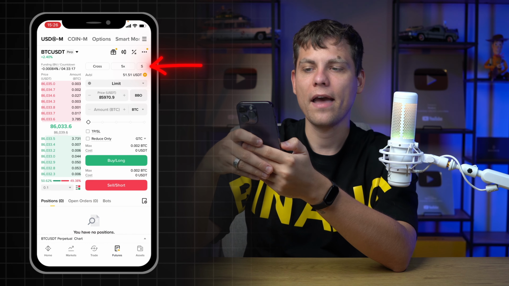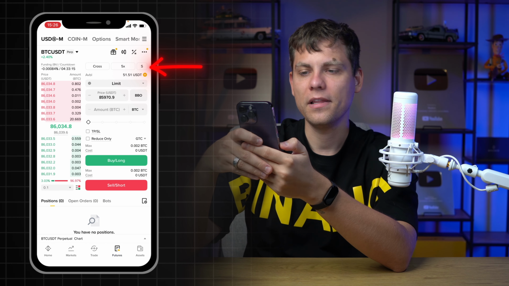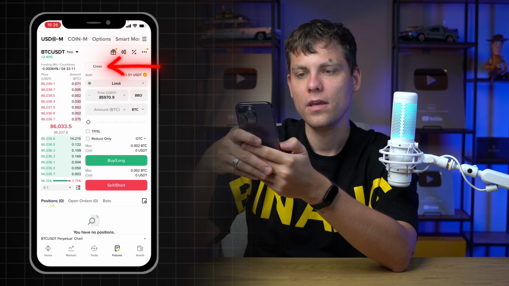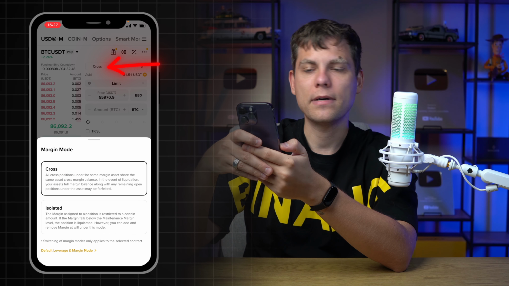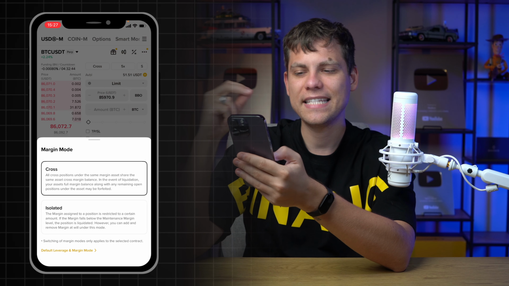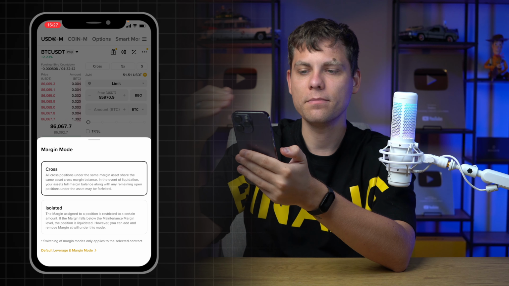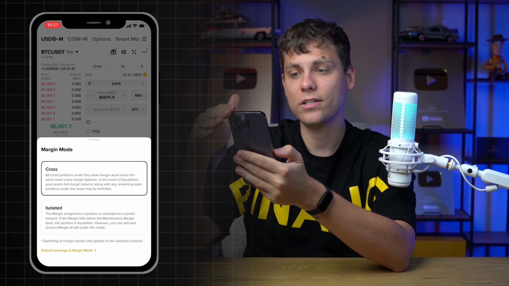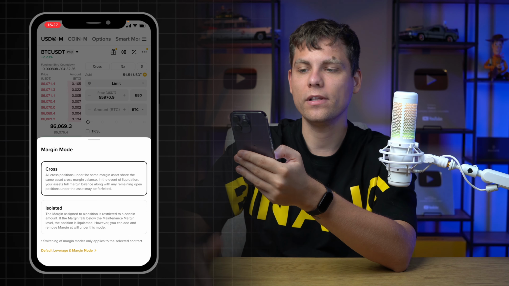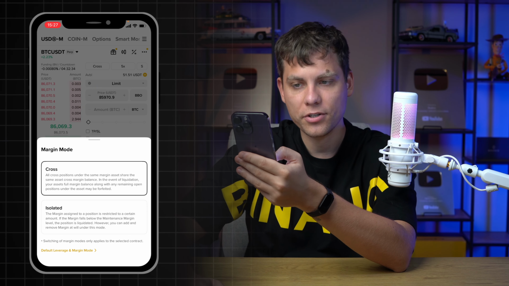On the right we have the futures trading terminal. Let's go through it. First, there is this cross button. If you tap it, there are 2 margin modes. So, what's the difference? Cross means that every trade you open is backed by all the assets you have in your futures wallet. Accordingly, every asset in your wallet can serve as margin collateral.